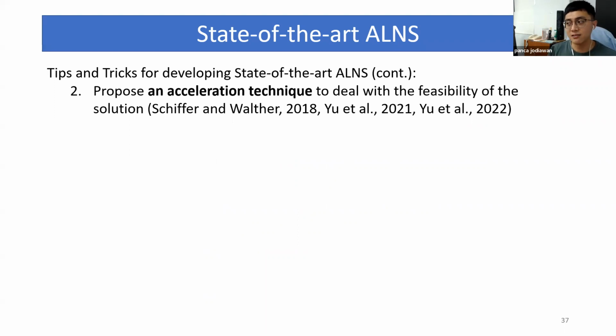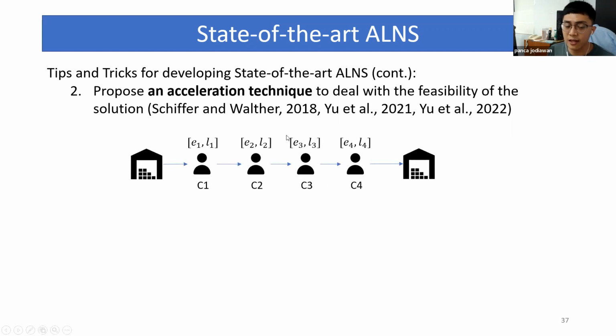It means that the complexity of the feasibility checking function will grow. But there are 3 papers, including our papers, where we propose acceleration techniques, and I will briefly discuss the basic concept of the acceleration technique here.